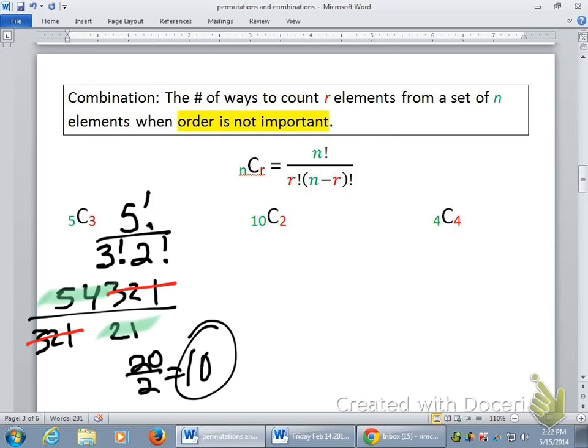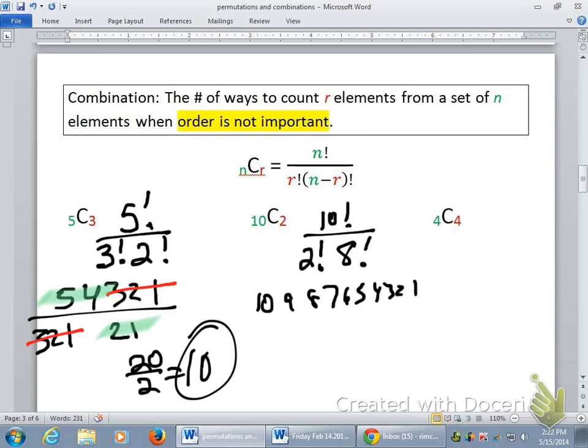10 choose 2 is going to be 10 factorial divided by 2 factorial times 8 factorial because it's 10 minus 2. Notice right here, 2 plus 8 is 10, right? And over here, 3 plus 2 is 5. That's always going to happen. So just kind of look for that. So that gives me 10, 9, 8, 7, 6, 5, 4, 3, 2, 1, right?